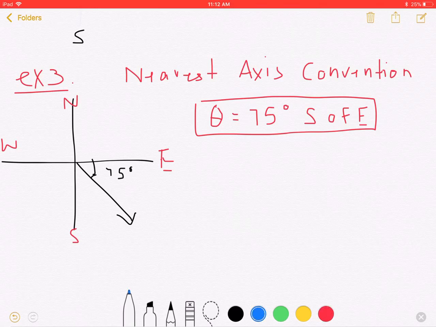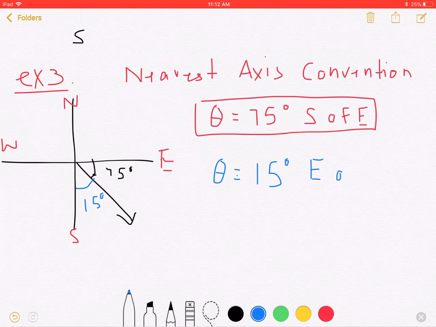There is another way, however, in which we can measure theta. The next nearest axis is from our vector to straight south. So another way in which we can assign direction is we could say theta is equal to 15 degrees east of south.